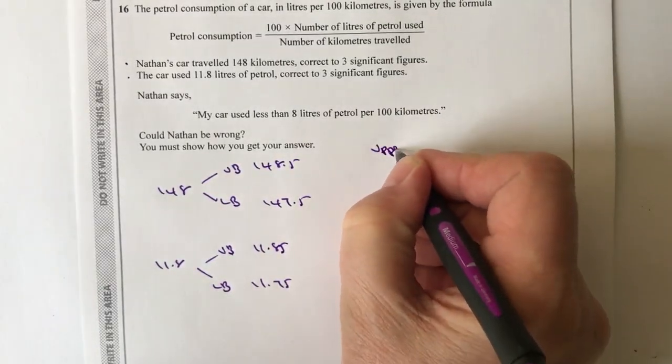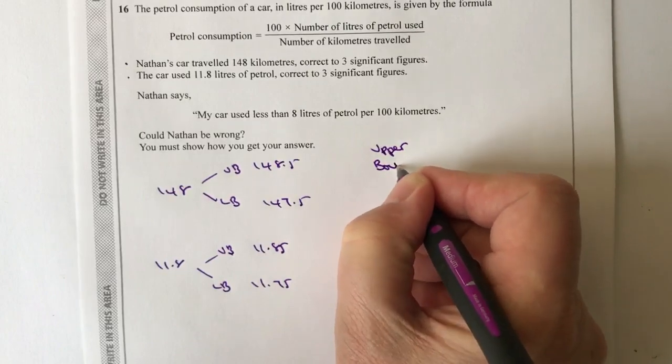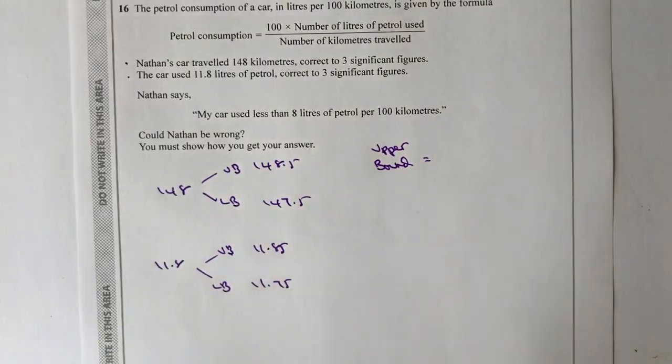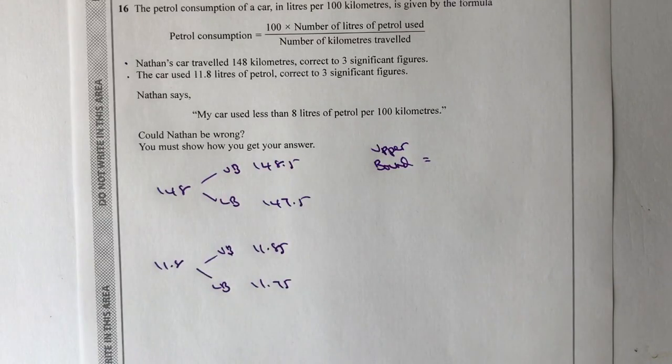For the upper bound of the amount of fuel, we're going to use the same formula that we've got there, but what we're basically going to say is that the maximum amount of fuel for the minimum distance is going to give us the upper bound.